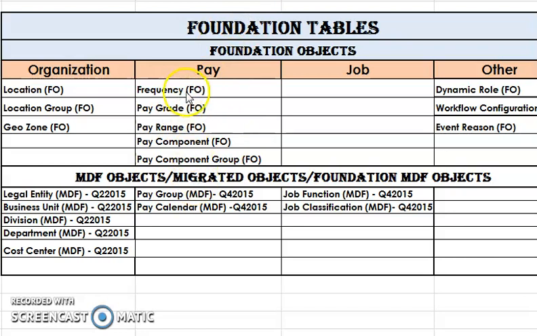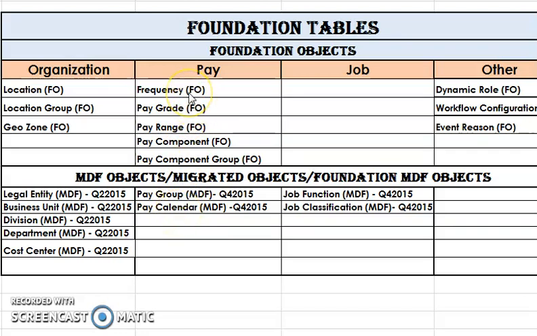Initially frequency, pay grade, pay range, pay component group, pay group and pay calendar were all part of pay and part of foundation objects. But later, in quarter 4 of 2015, pay group and pay calendar were migrated to MDF. As of now, frequency, pay grade, pay range and pay component group are part of foundation objects, FO indicating foundation objects, and pay group and pay calendar are migrated to MDF.